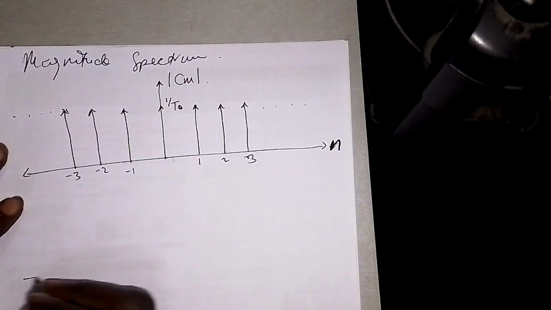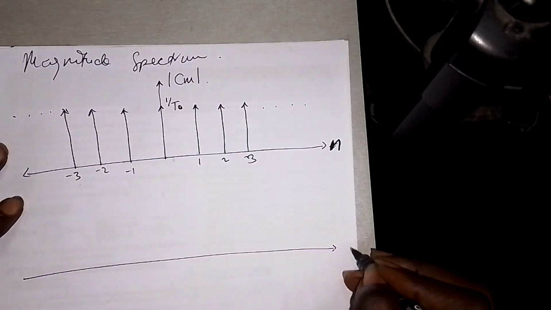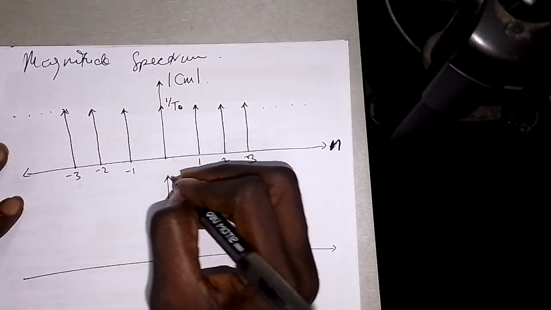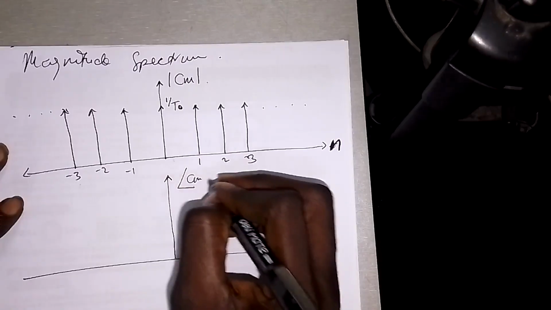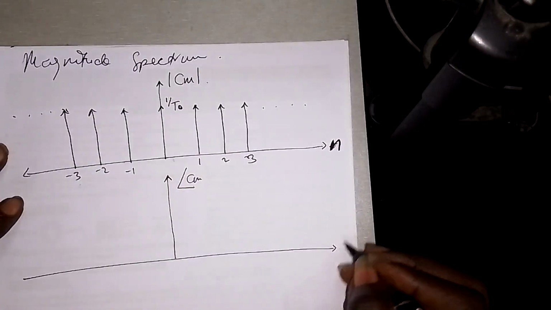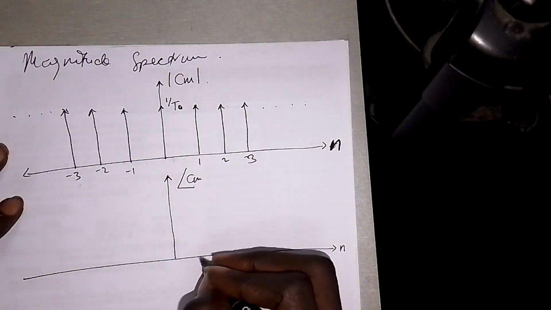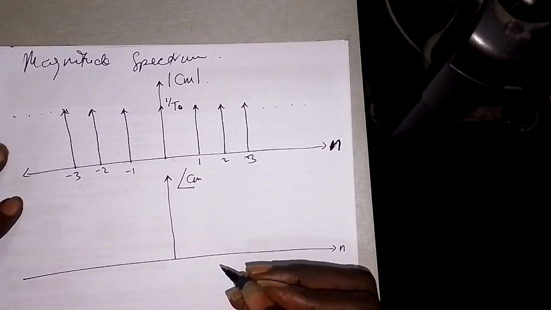Now they also want us to calculate the phase spectrum. The phase spectrum is the angle of Cm, this is how you write it, against n.